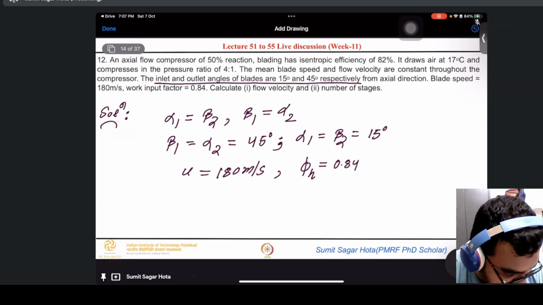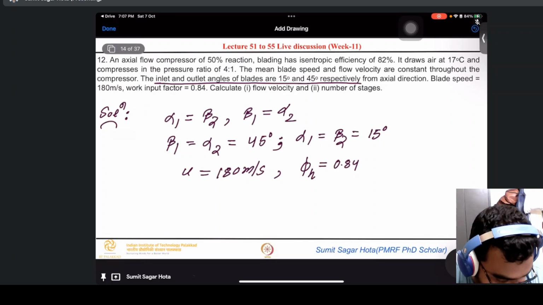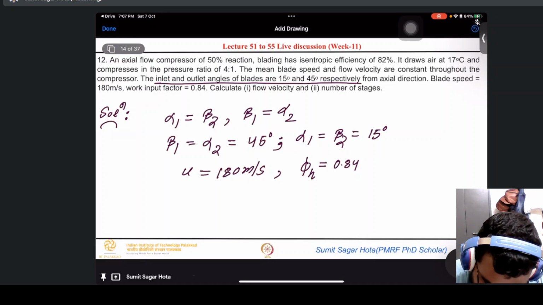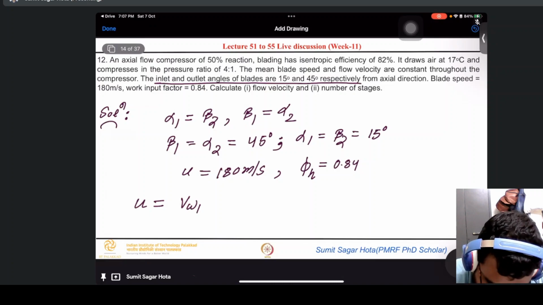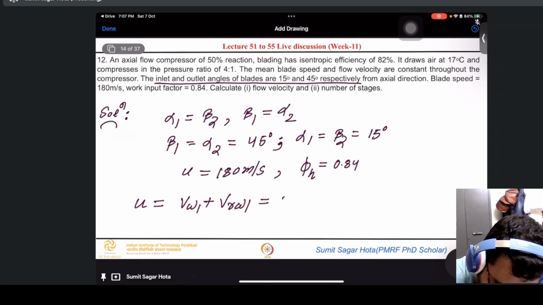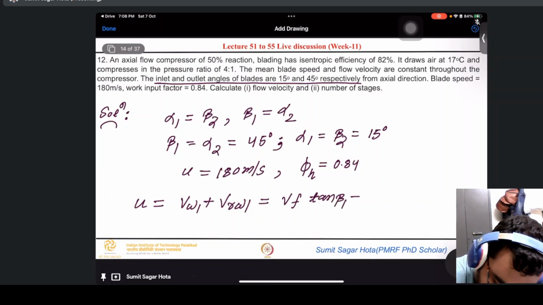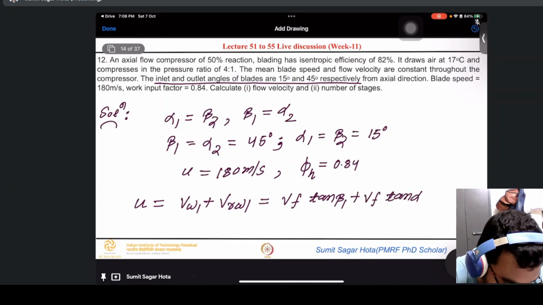So what is the formula of U? U equals VW1 plus VRW1, which is equal to VF tan beta 1 plus VF tan alpha 1.